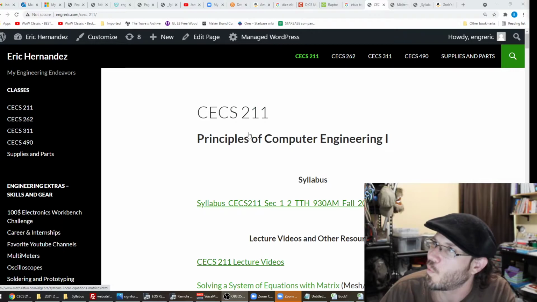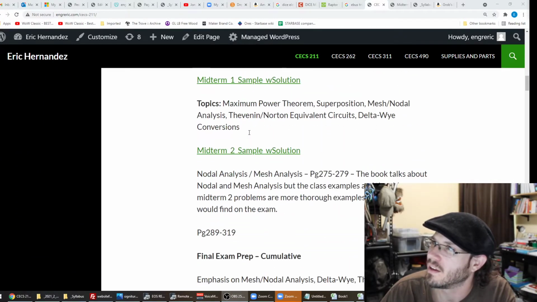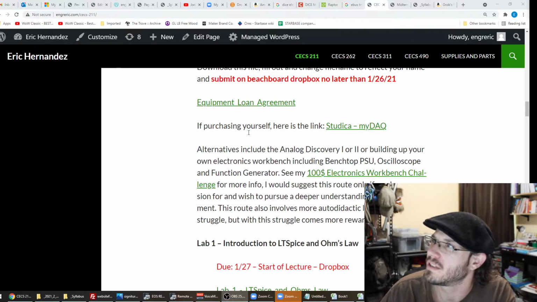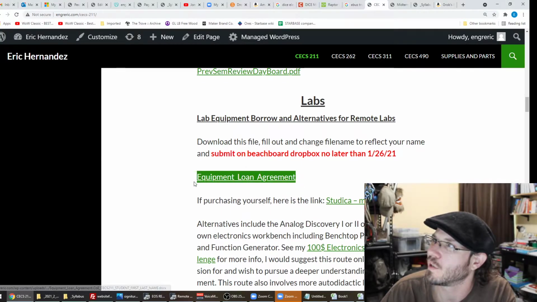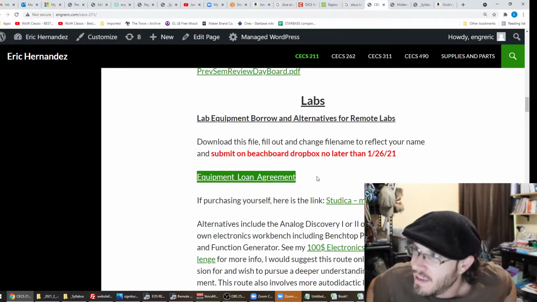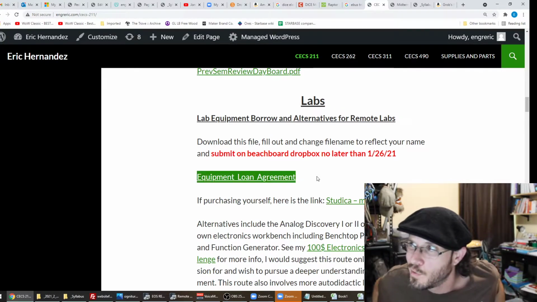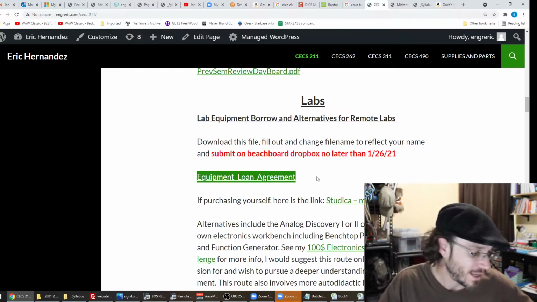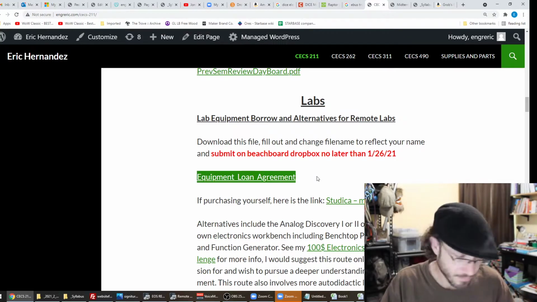Okay, on the website, if you go down, you're going to see a link for the equipment loan agreement. I updated mine for 311, and I thought I had done the one for 211, but I didn't. So I'm going to go ahead and update that.